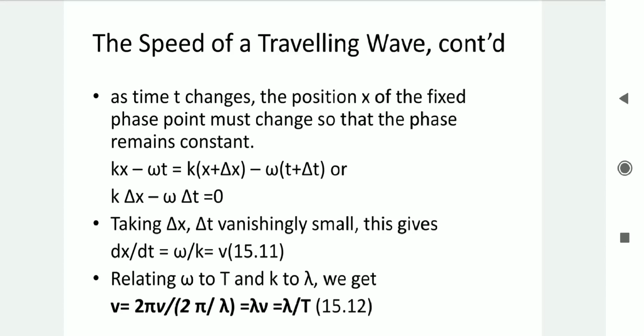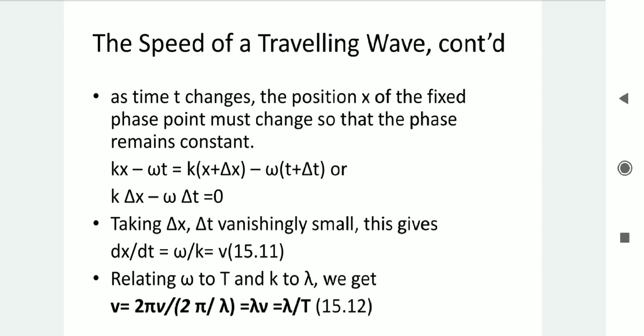So here k(x plus delta x) minus omega(t plus delta t). To keep kx minus omega t constant, k delta x minus omega delta t would be 0.